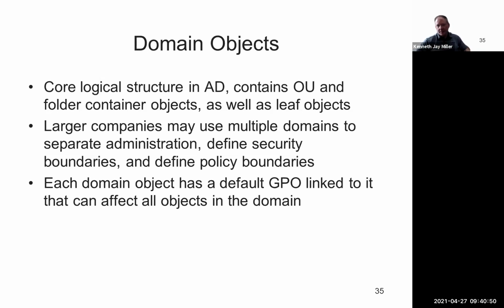So all the OUs, all the user accounts, all the computer accounts, whatever policy is set, that's going to affect everybody. And as you probably have learned from your experience working in IT, there isn't a one size fits all, right? We may have a policy that says lock the ability to install applications on a user's computer.